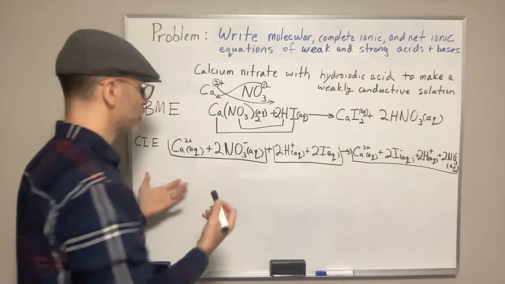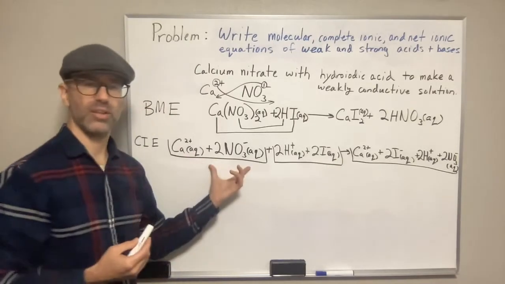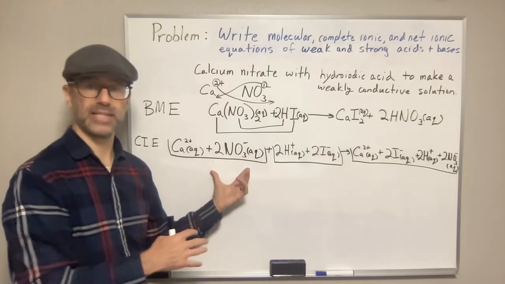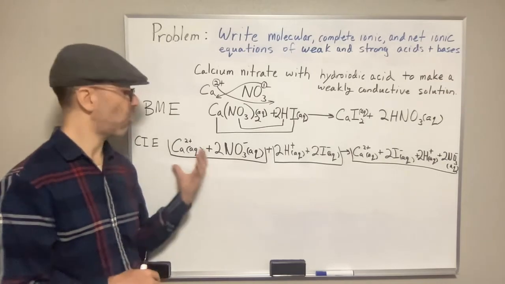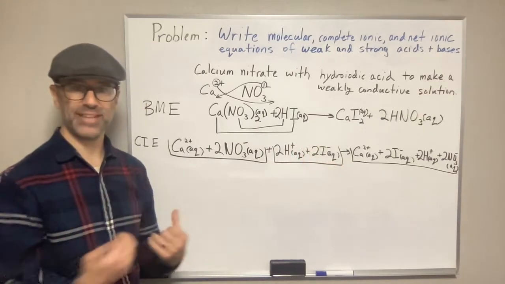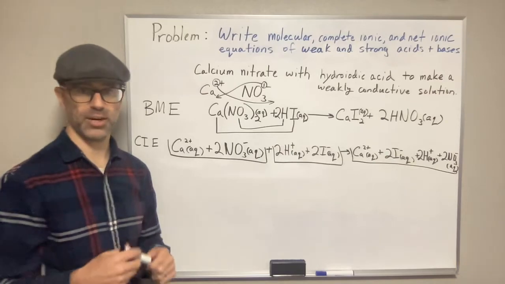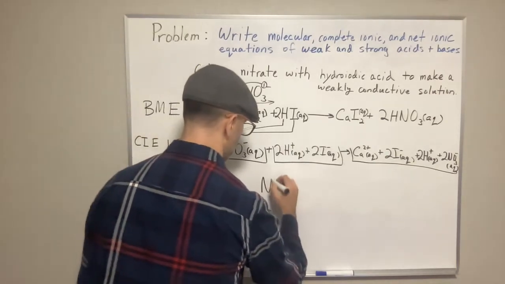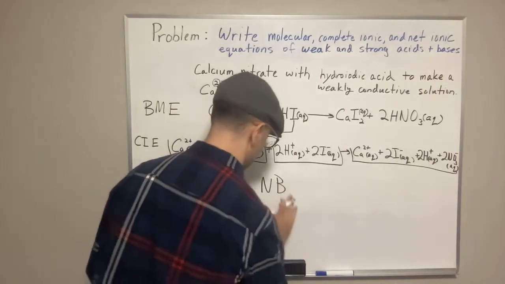And so there's no net ionic equation, because the net ionic equation is formed when you take out the spectator ions that are doing nothing. Well, all of them are doing nothing. So there's nothing left after you remove all of the spectator ions. So there is no net ionic equation. So again, that should be an NR.